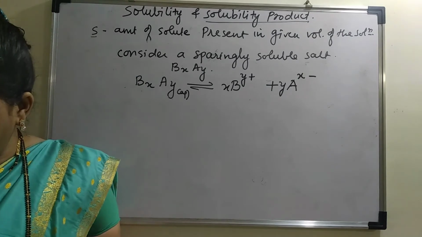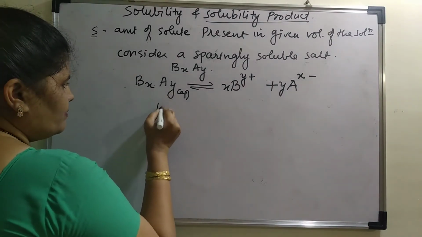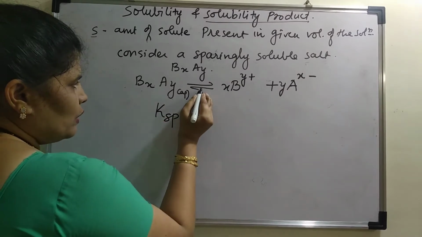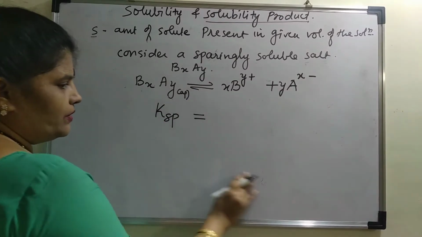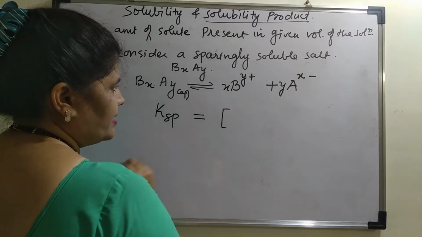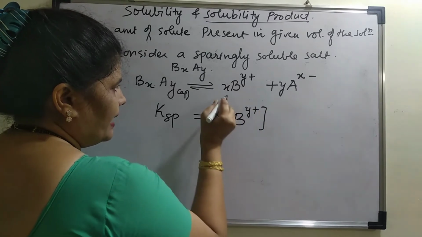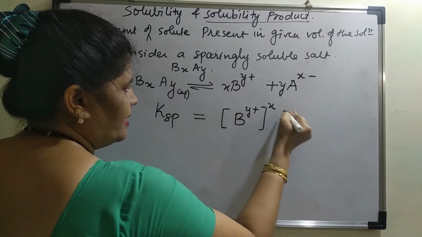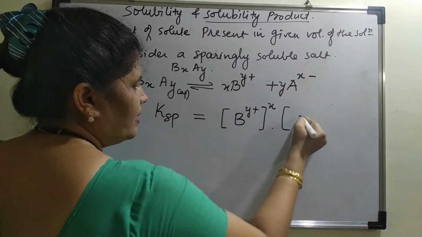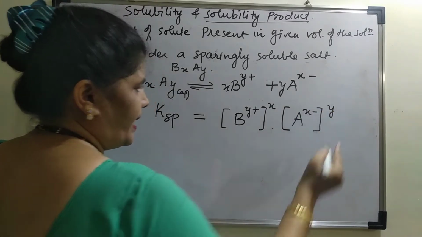I have dissolved that in water. So next let us write, below this you have to write Ksp, and below this you have to write is equal to. Now you have to put this in brackets in this way. Write B^y+, and you will raise this to x, multiplied by A^x-, raised to y.